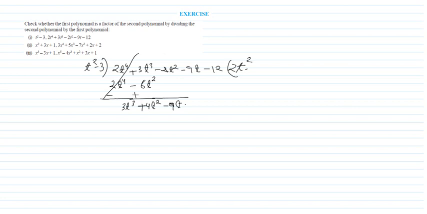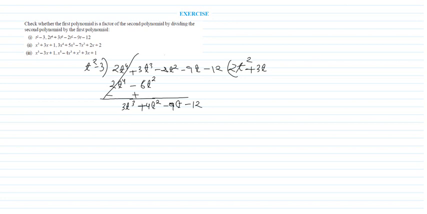Now with t square minus 3, the power is the same, but there is a change in the coefficient. So we'll multiply that by 4. So 4t square minus 12. Both these terms cancel out, and we get the answer 0.